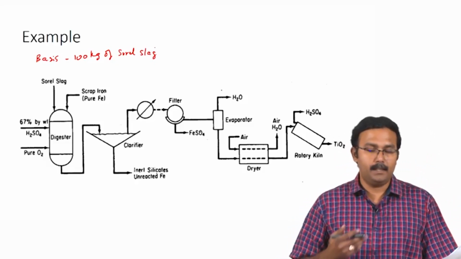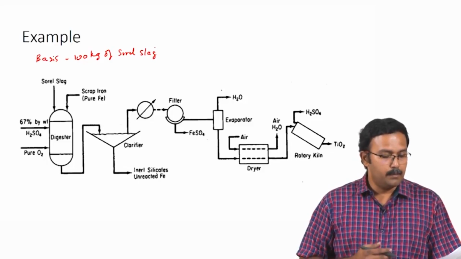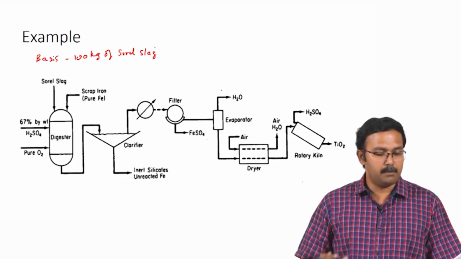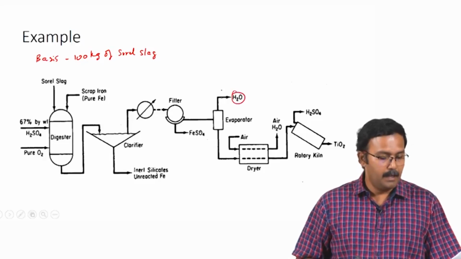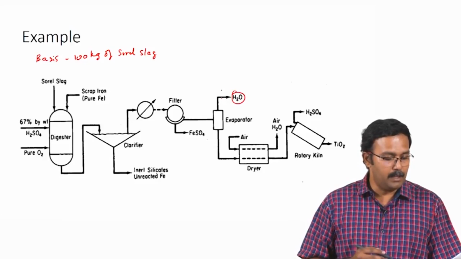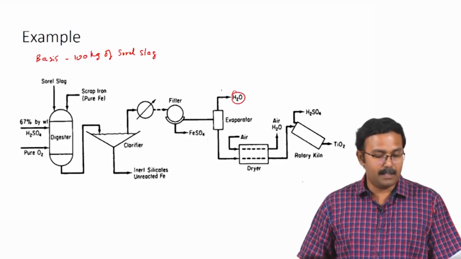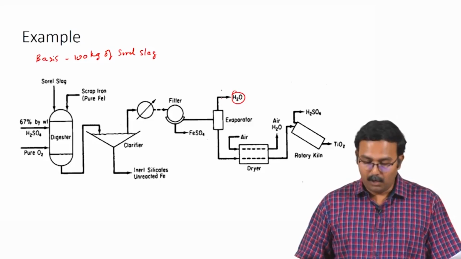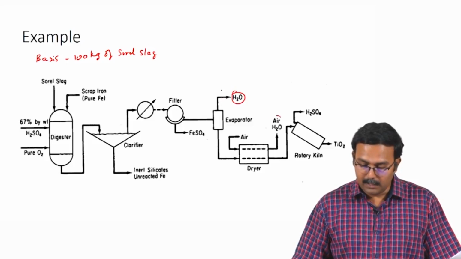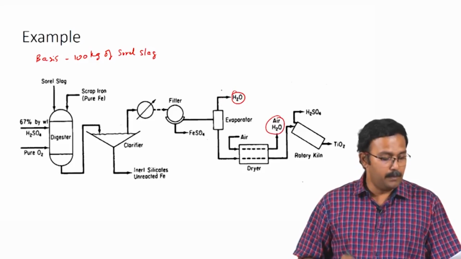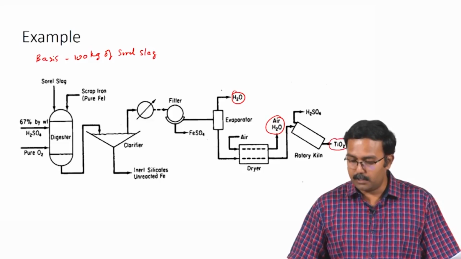Now, looking at what we need to calculate: the kilograms of water removed from the evaporator, which is this stream; the exit kilograms of water per kilogram of dry air from the hot air dryer, which is this stream; and the kilograms of product TiO2 produced, which is this stream.